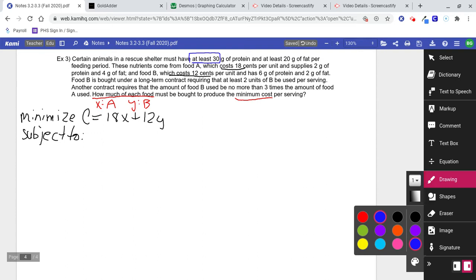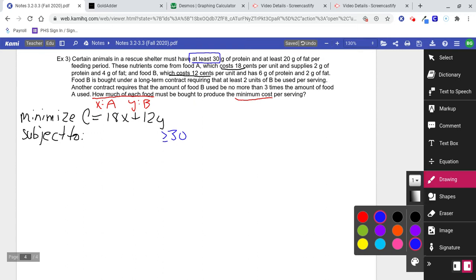Which one of those is at least 30? 32, right? 32 is at least 30. I'm talking about greater than or equal this time. You've got to think really hard about what those words mean. At least 30 means something is going to be greater than or equal to 30.